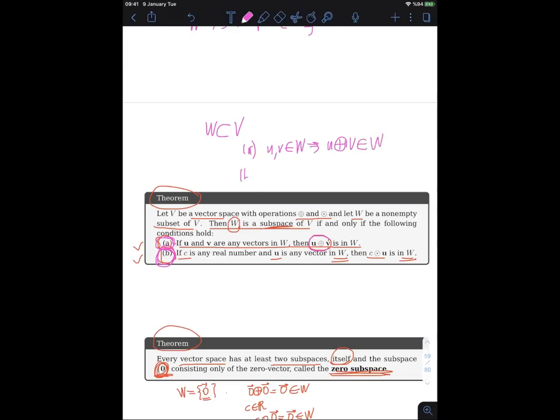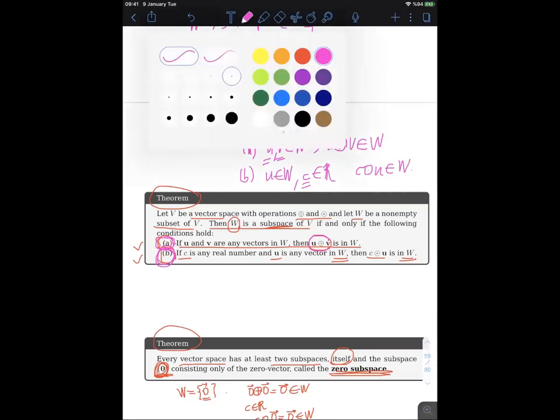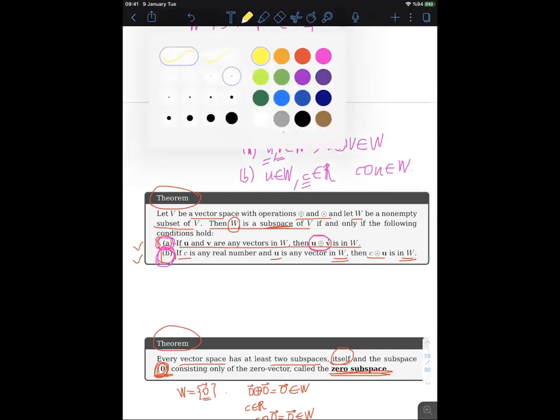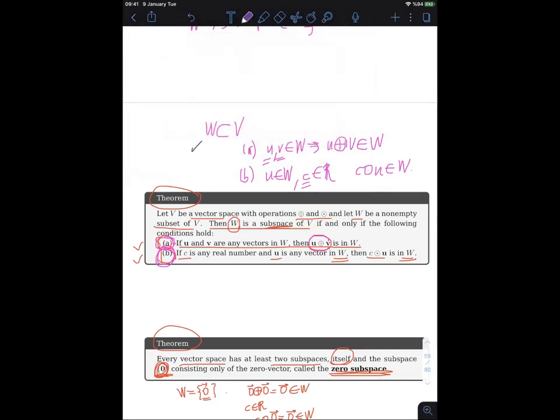And property B is if U is in W and C is any scalar, then you require C times U to be in W. So if these properties are satisfied for all possible U and V and all possible C, then this W becomes a subspace.